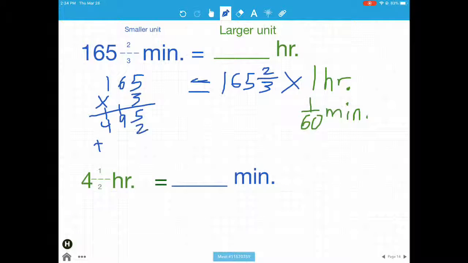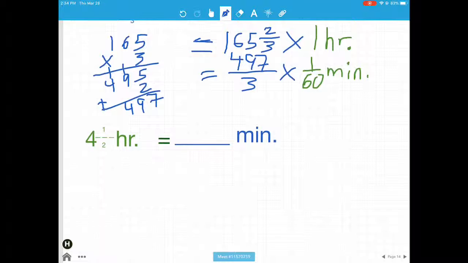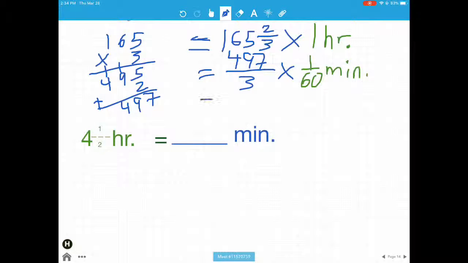I'm going to add the 2. 497. So it's 497 over 3 times 60. Now this is a huge, huge, huge number. We have 497 over 180. How did I get 180? 3 times 60.